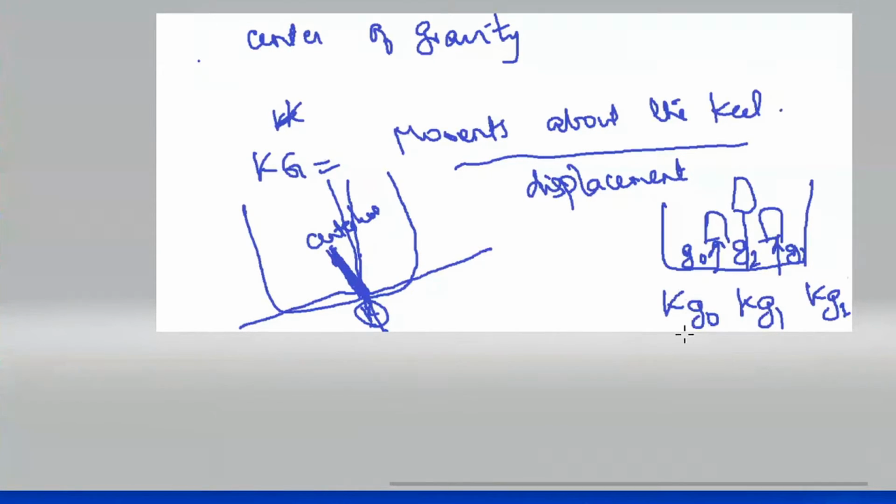When you see the small g, you should understand that it is the small weight. Another thing you can have is capital G. This is the center of gravity of the whole ship. These are individual weights in the system, and when these small weights move around, this G also shifts around.